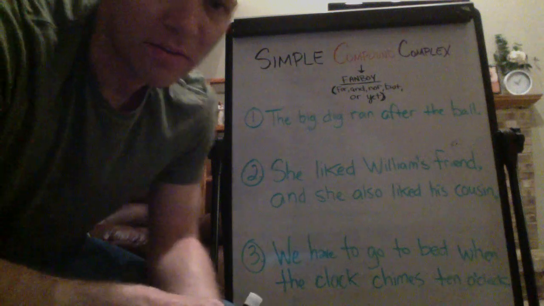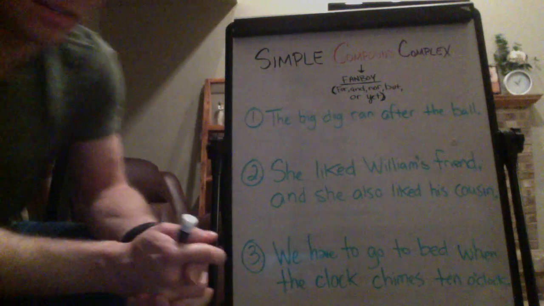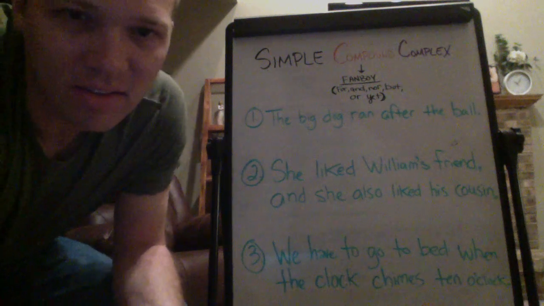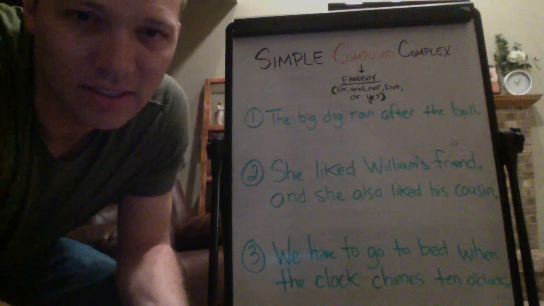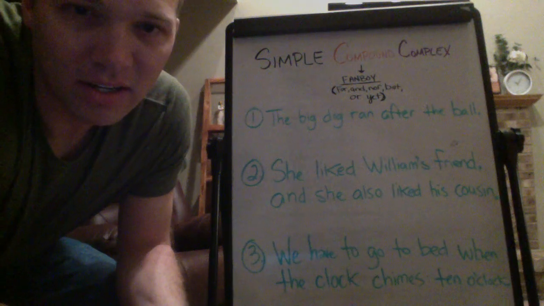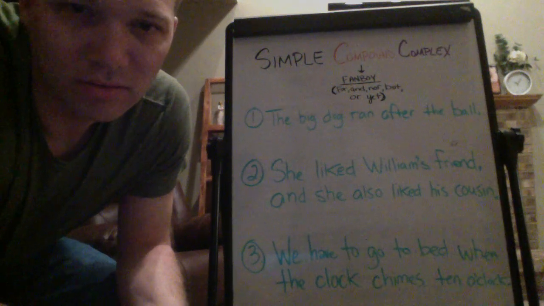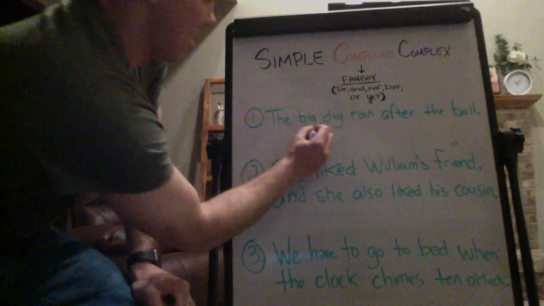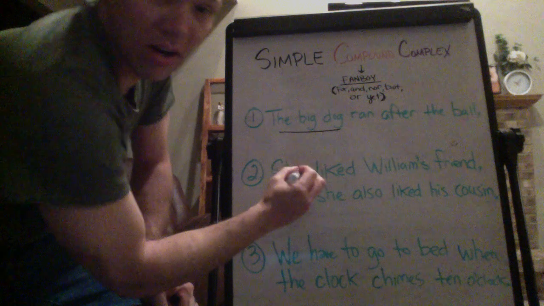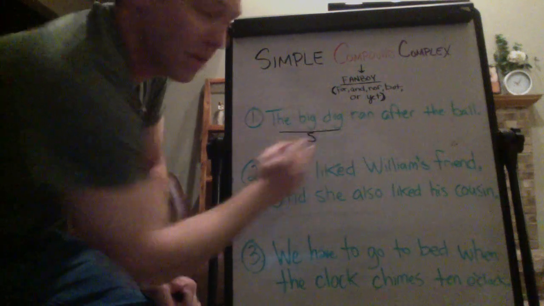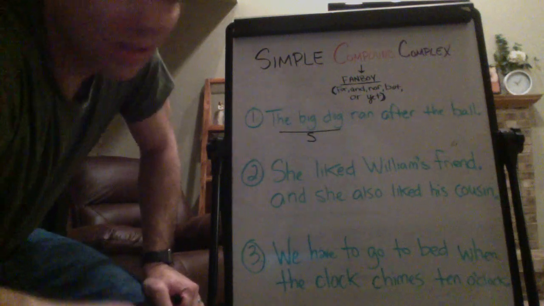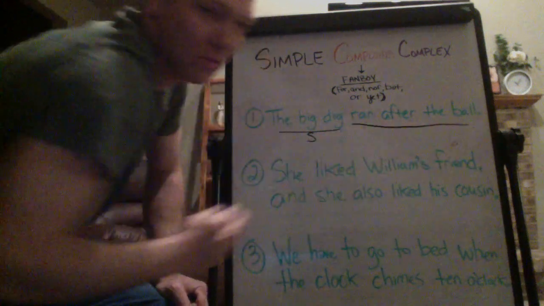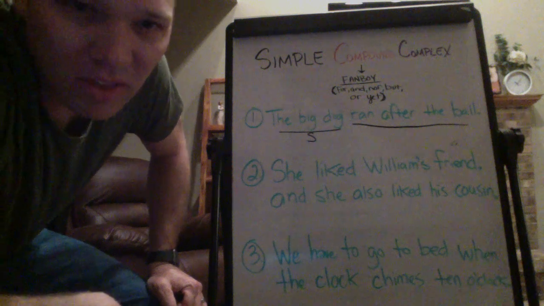Okay, so the first thing I want you to do is ask yourself, how many sentences are in there? The big dog ran after the ball. Okay, when I look at that, I see the big dog is a subject, and ran after the ball is part of that predicate.